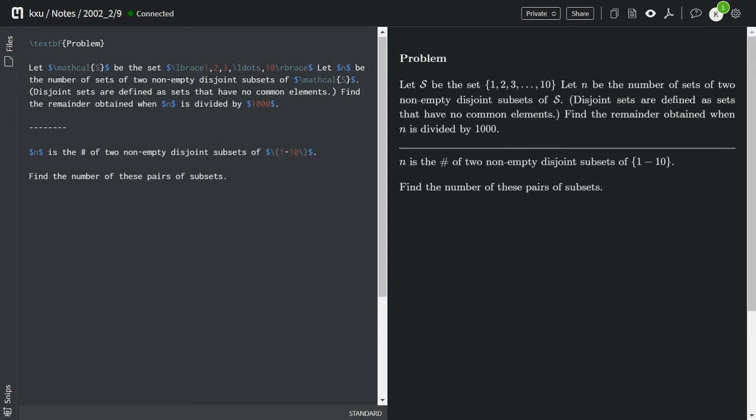And I think we have to be very careful with the wording here, because the word sets kind of makes it so that ordering doesn't matter. So we shouldn't be counting A, B and then B, A as different sets of two. So that's something to pay attention to. Okay, let's go on.